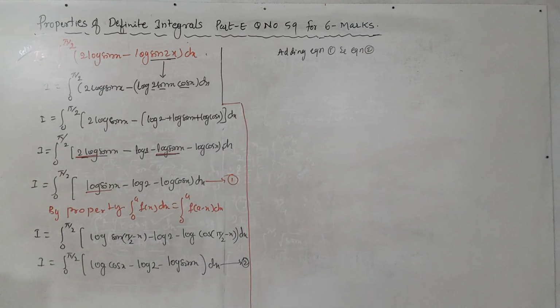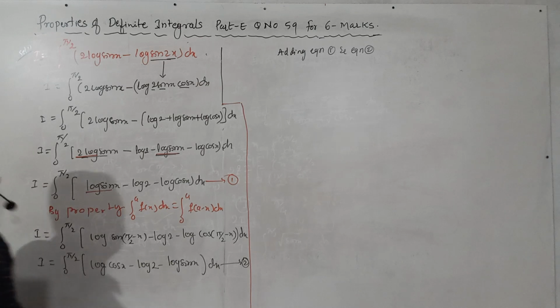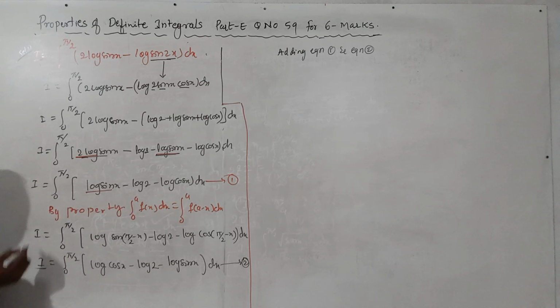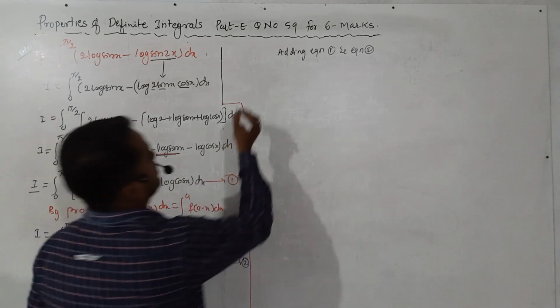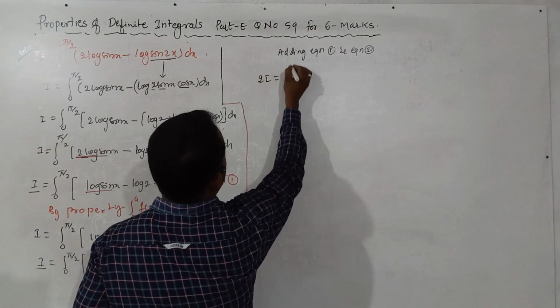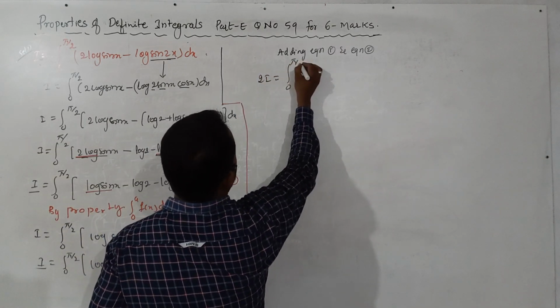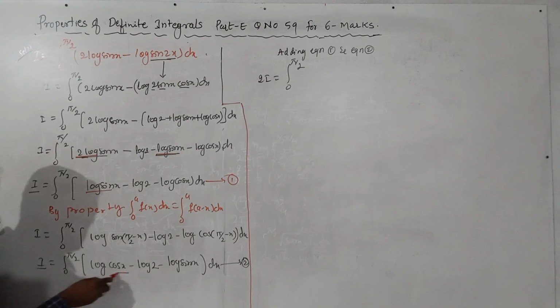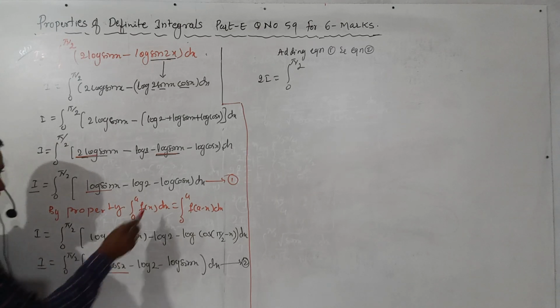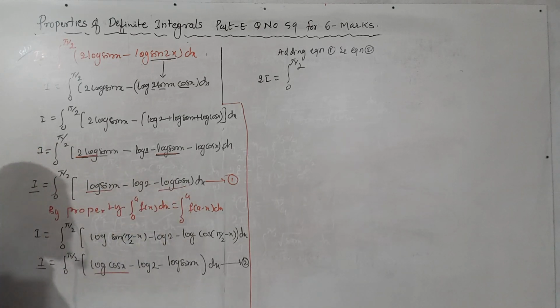I plus I is 2i. Now 2i is equal to the integral from 0 to 5 by 2. While adding, directly add here only. Log cos x plus log cos x minus log cos x, they get cancelled.